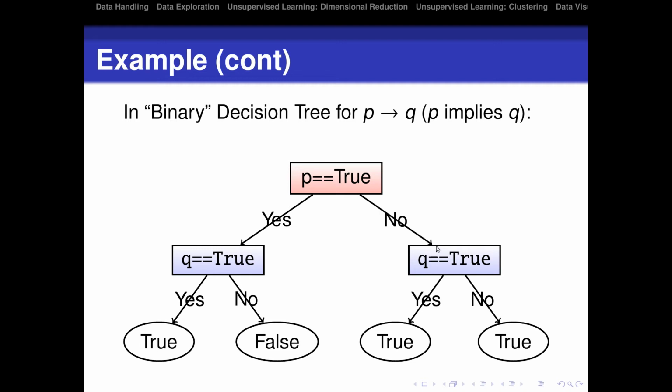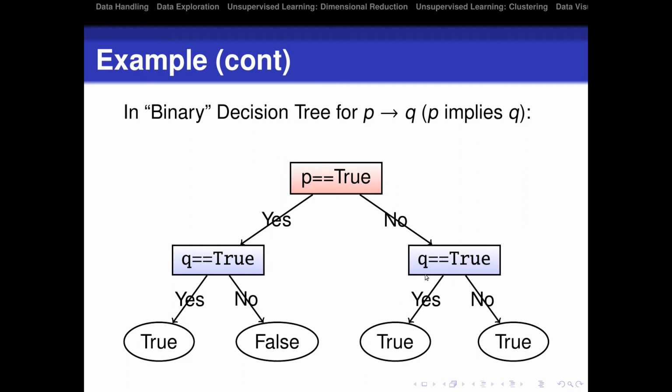Okay, we can add in this condition checking, but the output is always true. And if you recall, in the previous video, I mentioned the concept of purity. There are measures of purity in section 7.2.